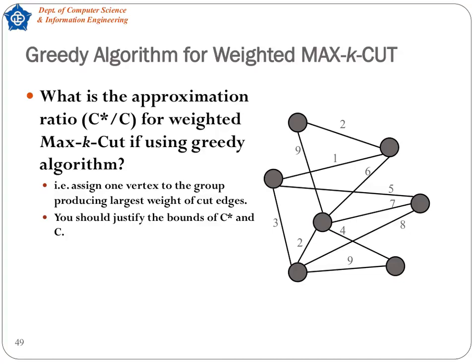To clarify the greedy approach, it's quite straightforward. It involves assigning each vertex to the group that produces the largest weight of cut edges. It's about making the locally optimal choice at each step. In this context, C star represents the optimal solution, the absolute best possible outcome. And C, of course, is the solution found by our greedy algorithm. You'll then see how we justify the bounds for these two crucial values.